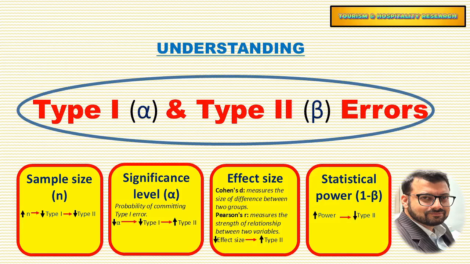When we have two groups and we want to study the difference between those two groups, we measure the effect size through Cohen's d and Pearson's r, which stands for correlation. This small r represents correlation. It measures the strength of relationship between two variables. So now, if the effect size is less, type 2 error will increase.